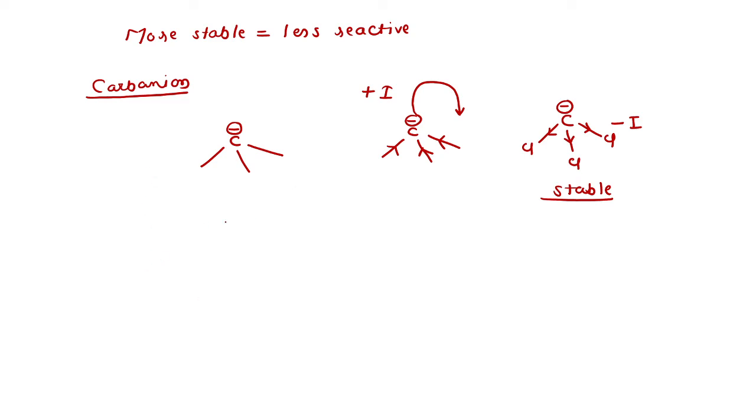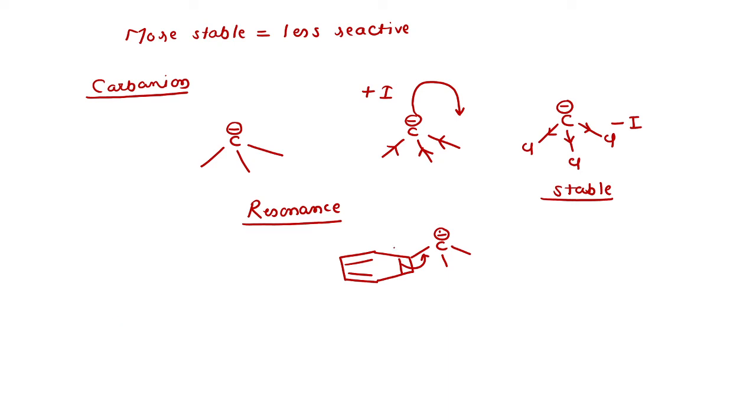This is the inductive effect, now we will go for the resonance effect. When we go for the resonance effect, all of you know that, consider there is a presence of a carbanion and there is a presence of such a type of thing. This ring is having its like this.